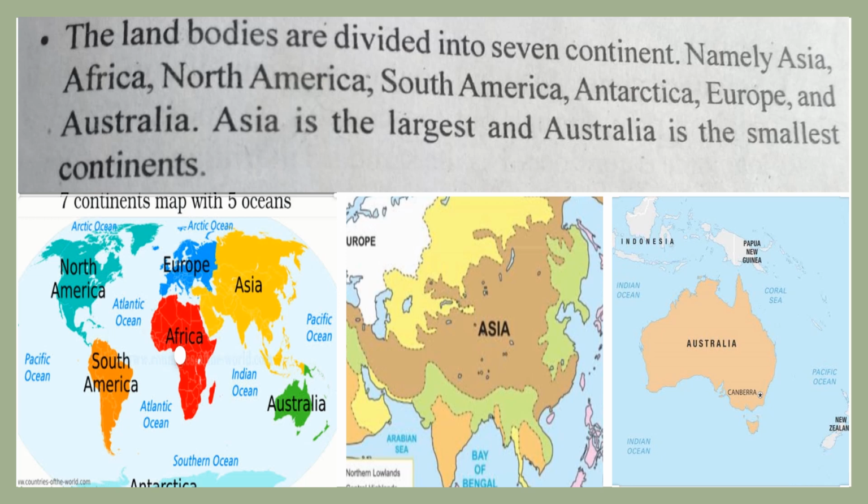Next, the land bodies of the earth. See, the land bodies of the earth are known as continents, and there are 7 continents, namely Asia, Africa, North America, South America, Antarctica, Europe and Australia.